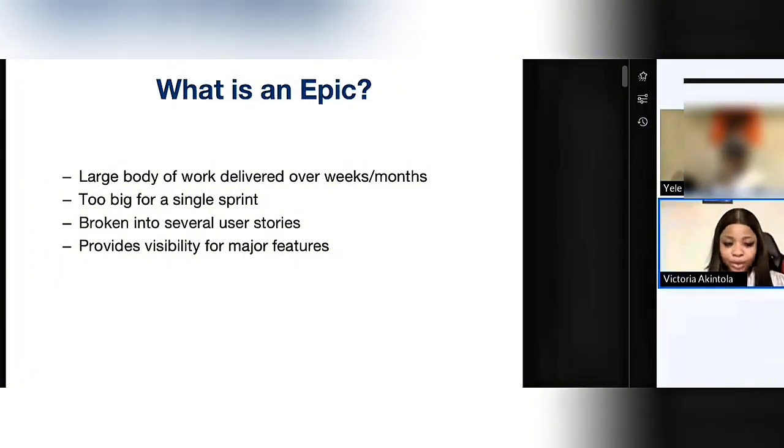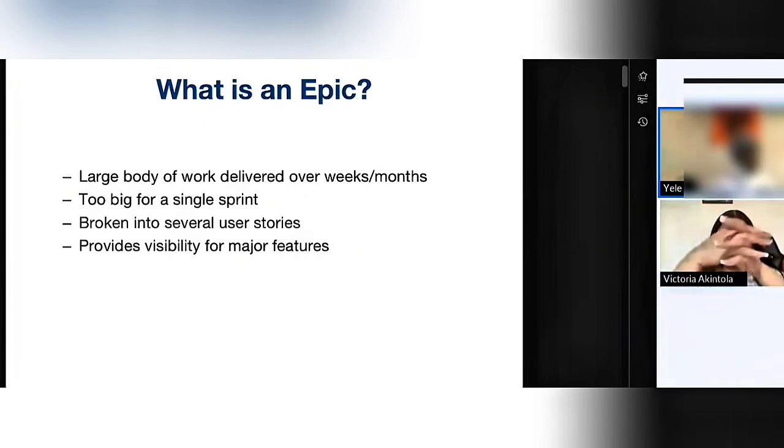So now looking at the illustration of the online registration for students that we're looking at in the assignment, what do you think would be an epic for the onboarding system?